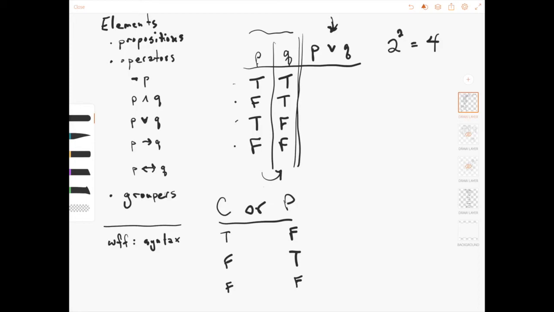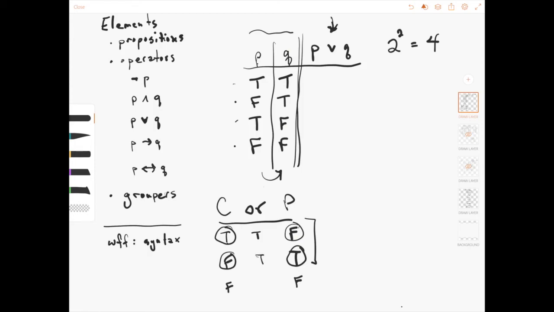Well, if you think about it, our possible truth values for the statement you can have cake or pie: you can have cake and no pie, you can have pie and no cake. So for these two possibilities, I'm telling you the truth when you have cake but no pie, or you have pie but no cake.